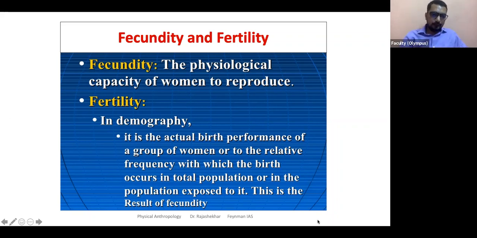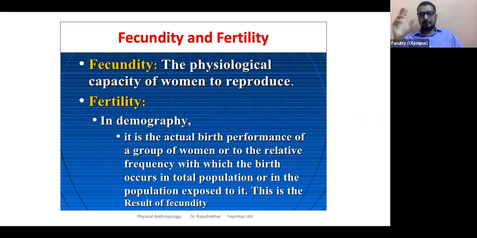As you see here, in demography, fertility refers to the actual birth performance of a group of women, talking about a population. So we don't normally study individuals here, but an average. Or it refers to the relative frequency with which births occur in the total population or the population exposed to it. Basically, the fertility rate gives us an idea about, for a given number of women in a given population, how many children are born.